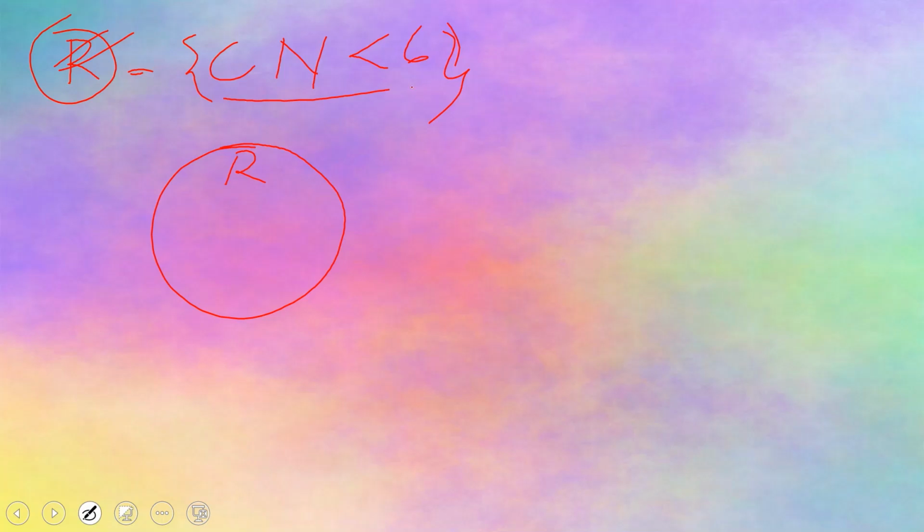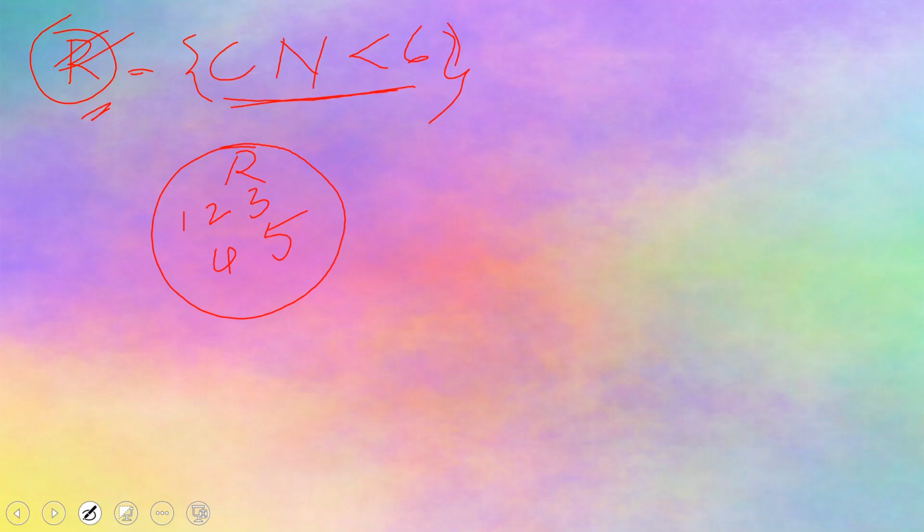There is a condition given that this set R contains counting numbers which are less than 6. Counting numbers less than 6 are 1, 2, 3, 4 and 5. So these elements will be mentioned inside the circle.